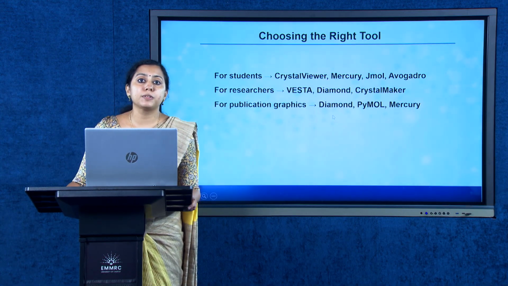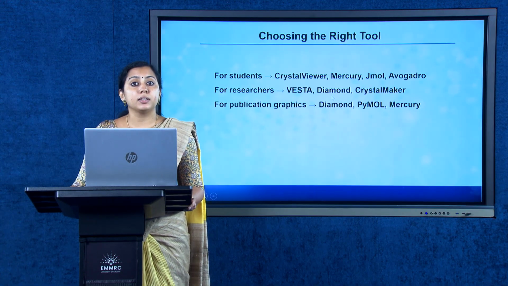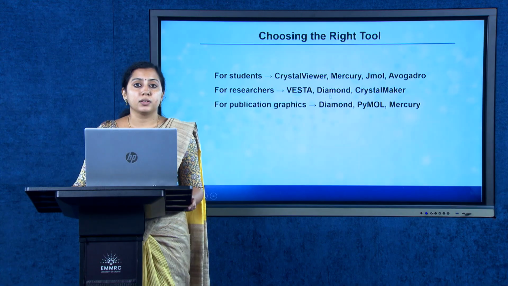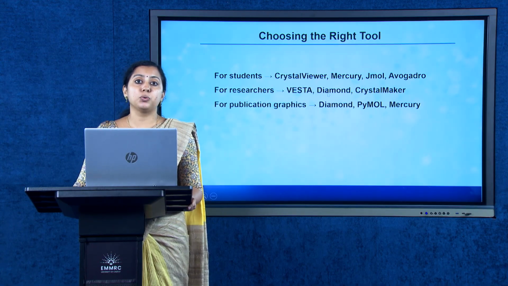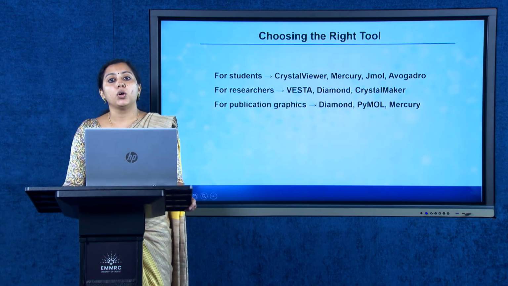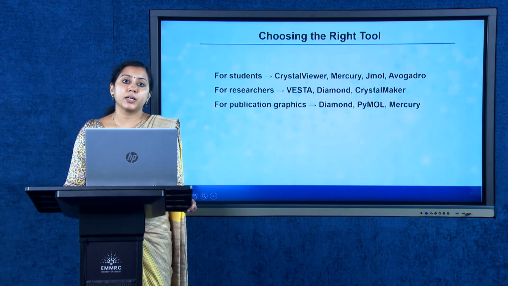So, how to choose a particular software? Choosing the right tool helps us to get a better understanding of various crystal structures. For beginners, that is for students, Crystal Viewer is a very good option.